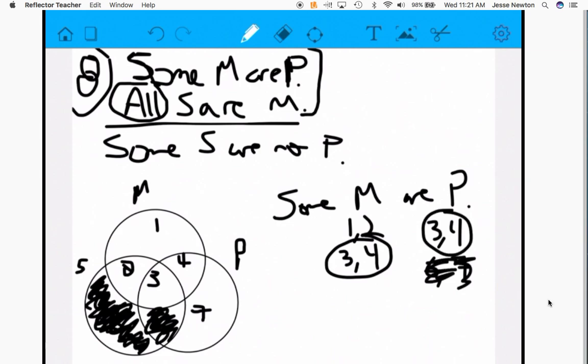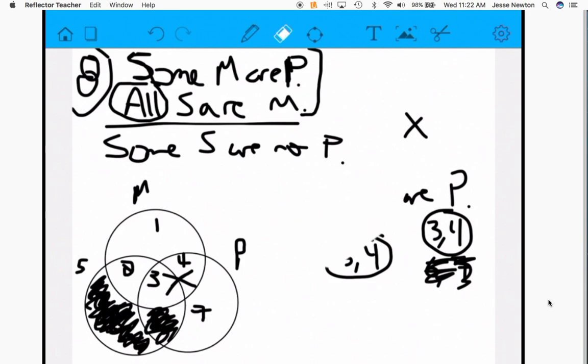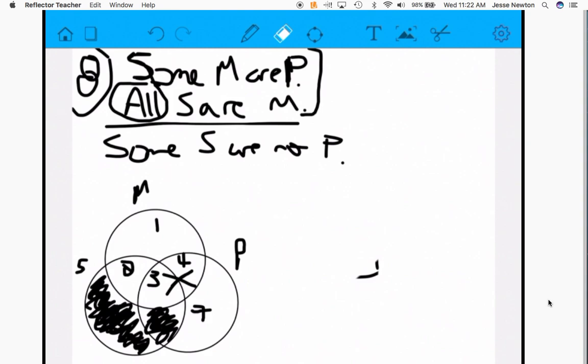And we're saying some M are in P. So some M are in 3 or 4. Since we see some, we know we're using an X. We could put the X in 4 or in 3, and the way we show this possibility is by putting an X right there at the overlap. So that's how we would diagram the combined premises.